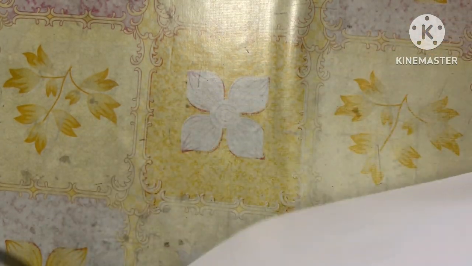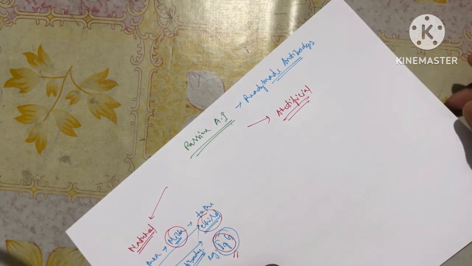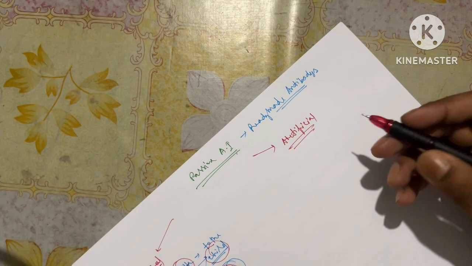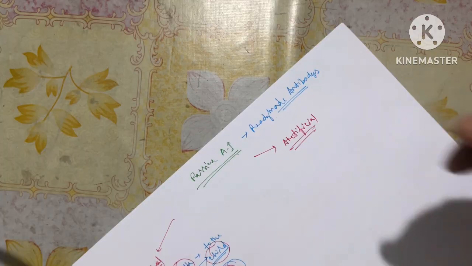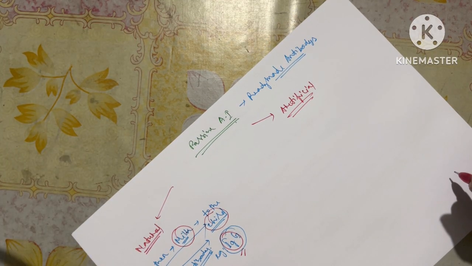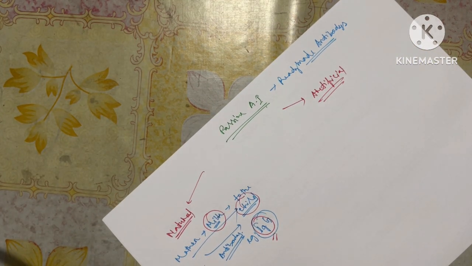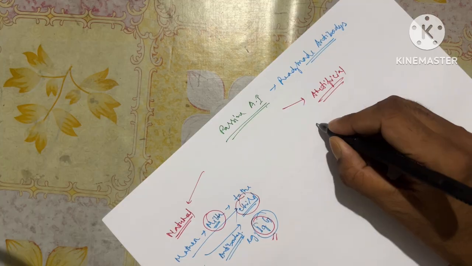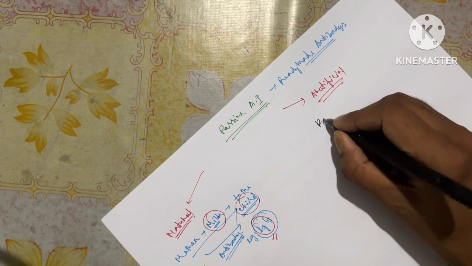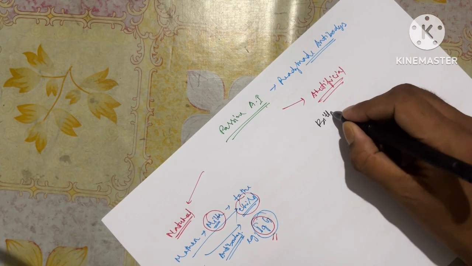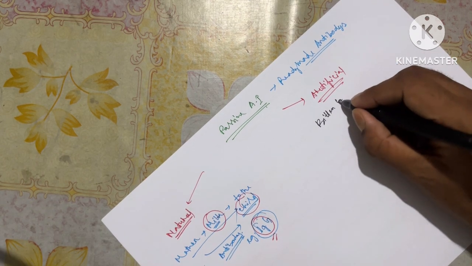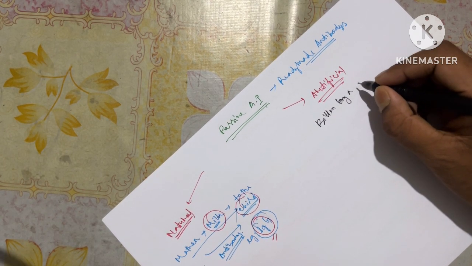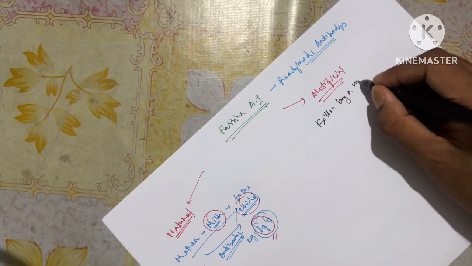Now if we come to the last one, what is artificial? Artificial means ready-made antibodies that we artificially inject inside a human body. A very good example: let's take one person who has been bitten by a mad dog.